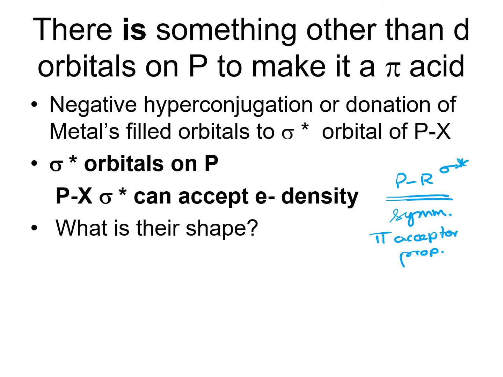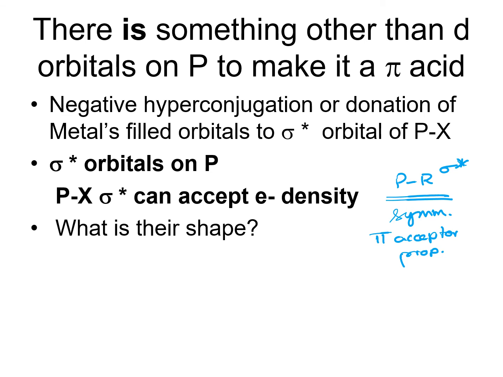Very clearly, there is something other than d orbitals on phosphorus to make it a pi acceptor or a pi acid. Now, this was shown to be negative hyperconjugation, or donation of filled orbitals on the metal, donating electron density to the sigma star orbital of the P-X bond.